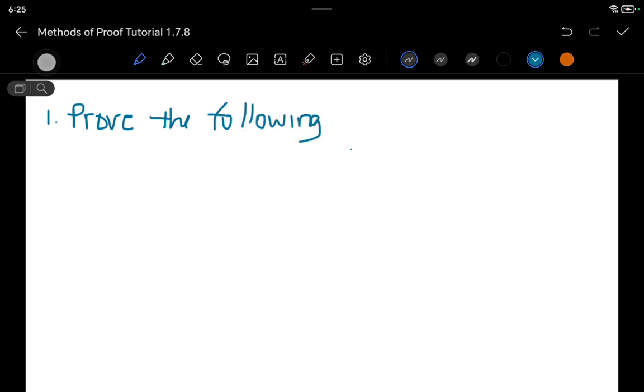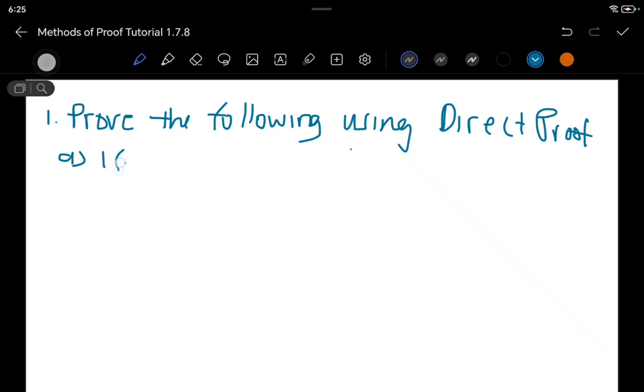So now the question, the first, okay, they say we should prove the following. They say prove the following using direct proof. And then they give us the first question.